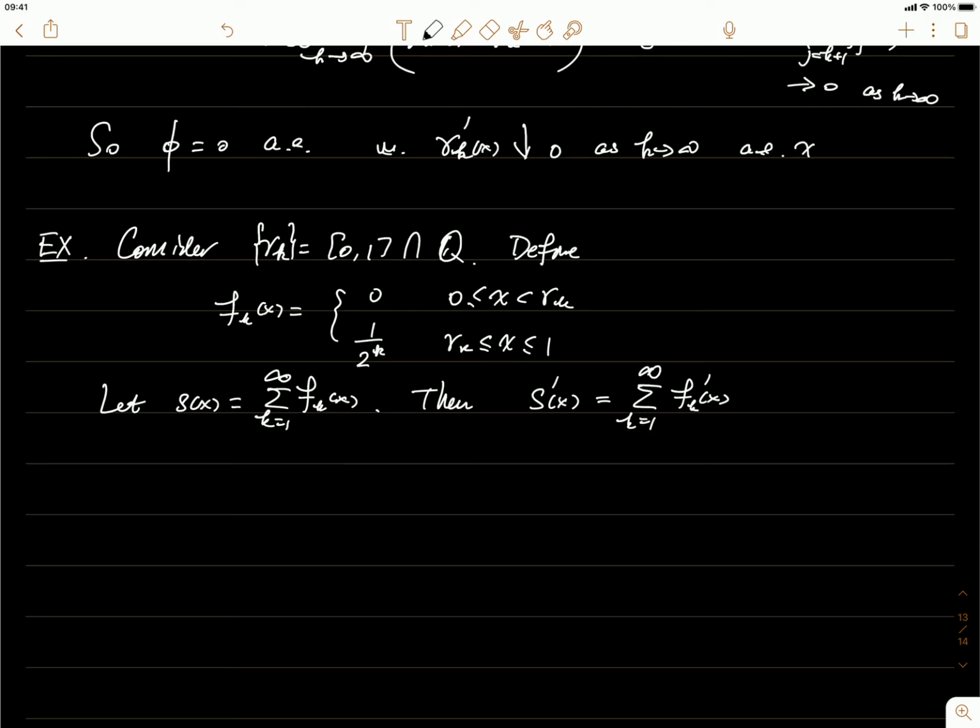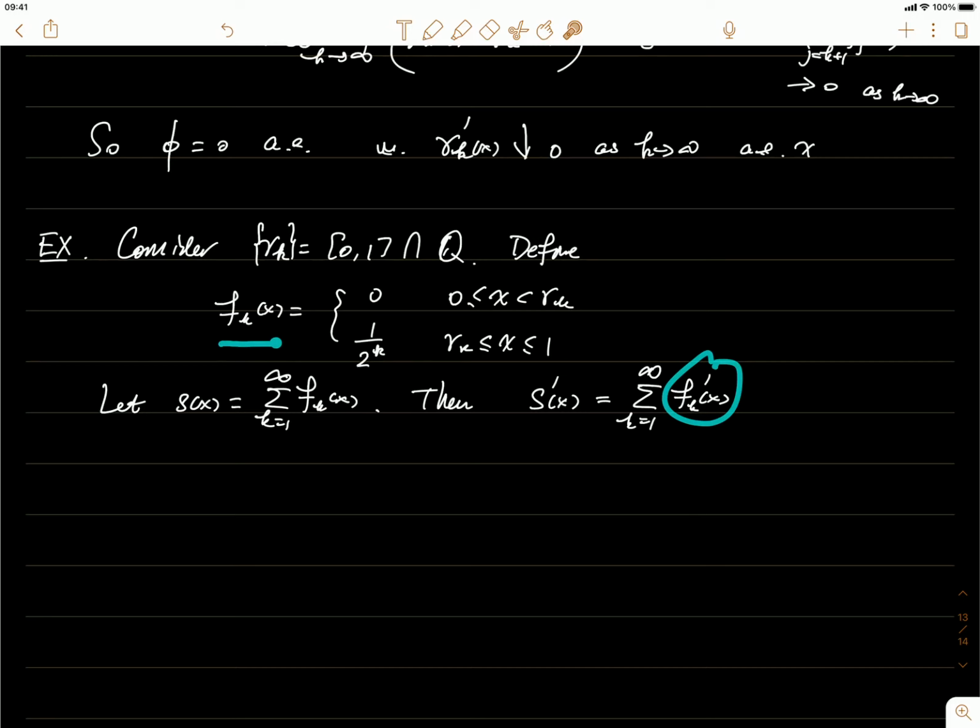But look at the right-hand side now. The sum of derivatives: for each of these, the derivative is 0 except at one point, because of the way we define f_k.